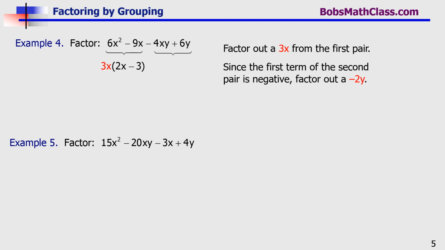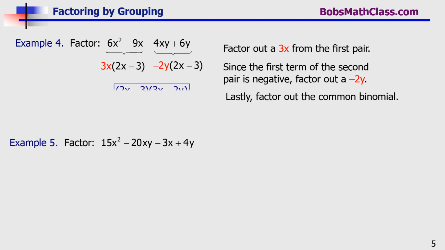So now we could factor out a -2y from the second pair. And then notice the two binomials in parentheses are alike. They're the same, so we could factor that out. So it's 2x minus 3 times 3x minus 2y.